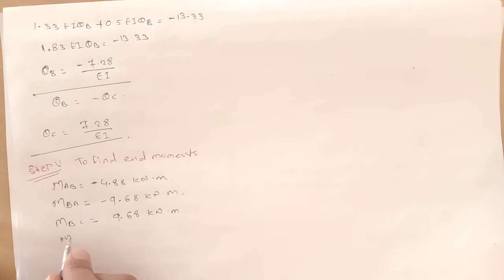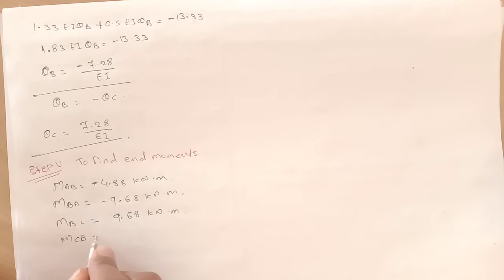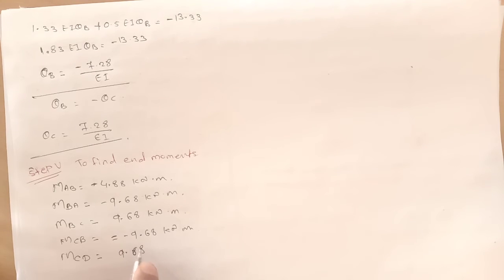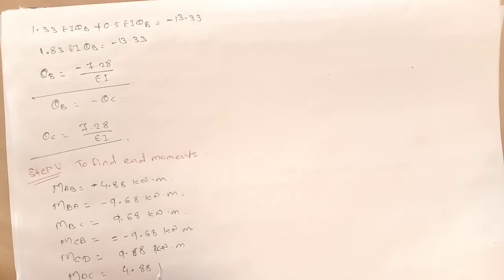Similarly, end moment at member CB is minus 9.68 kilonewton meter. Then end moment at member CD is 9.68 kilonewton meter. Last is end moment at member DC, the equation is 0.67 EI theta C. So theta C value is 7.28, and the answer is 4.88 kilonewton meter. Okay, these are our end moments at different joints.